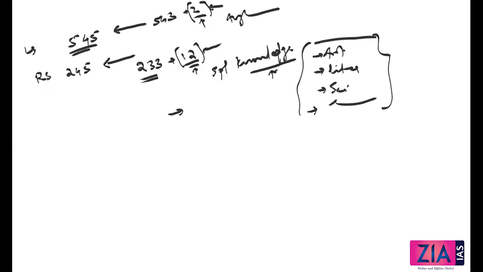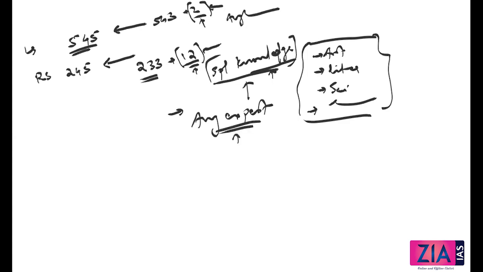Even though this is specified, any expert who has special knowledge can be nominated. If you find that option, you can go with that. That is also something you need to keep in mind.